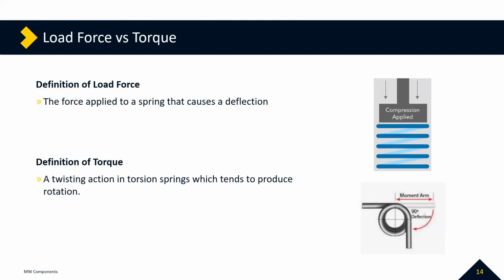Typically, you see force from a compression spring or even an extension spring where you are actually deflecting, as in a regular standard compression spring or barrel shape or conical. You're deflecting to a specified height and you're picking up load. In an extension, you're actually extending or pulling to get that load out of that spring.